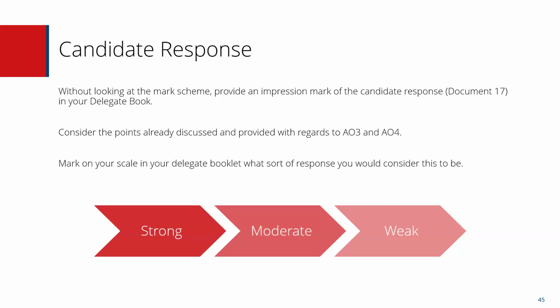And then put the mark scheme to one side for now. Just get an impression of document 17, which is the candidate response in your delegate book. So again, thinking about what we said about AO3 and AO4 here, is this a strong, moderate, or weak answer?